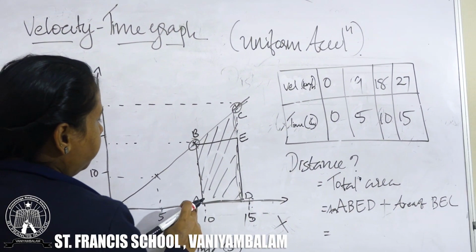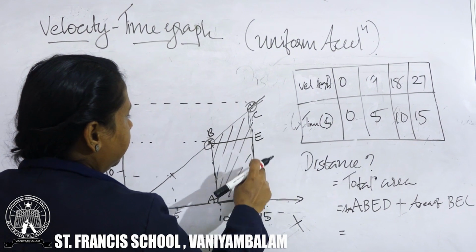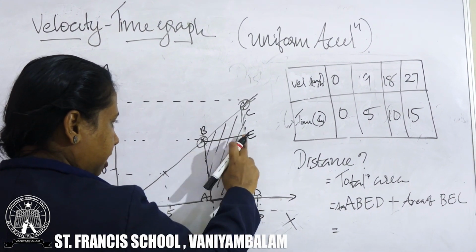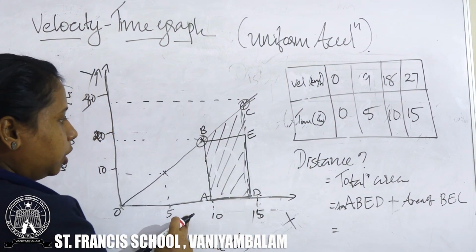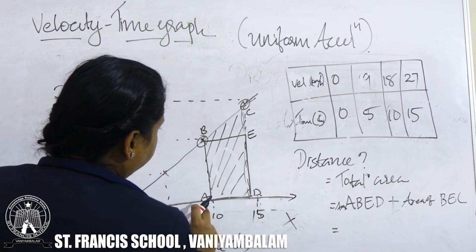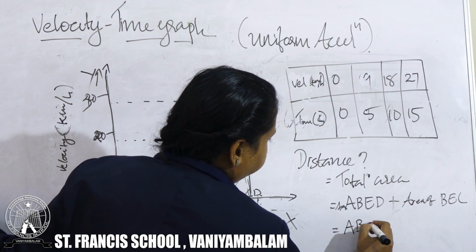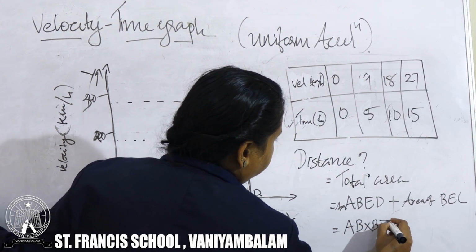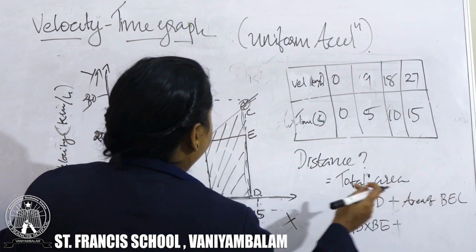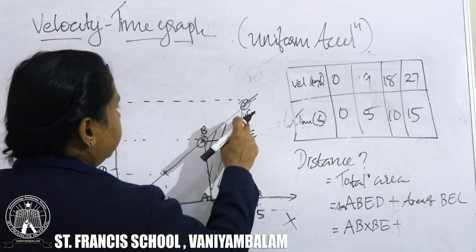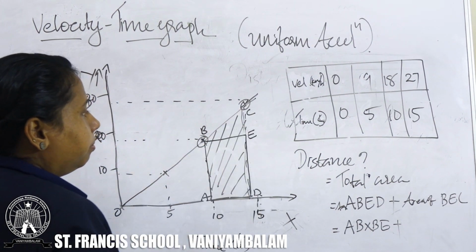What is area of ABED? Since it is a rectangle, it is length into breadth. So AB into BE plus area of BEC.